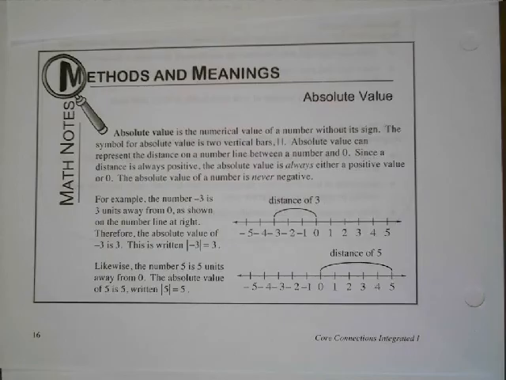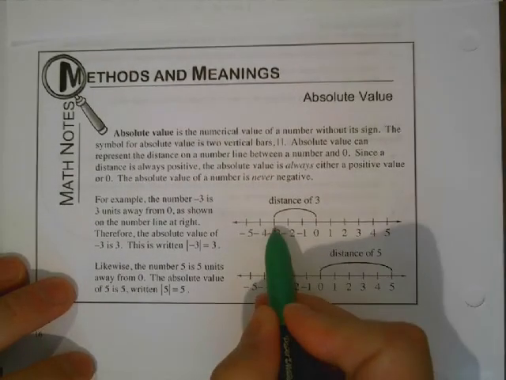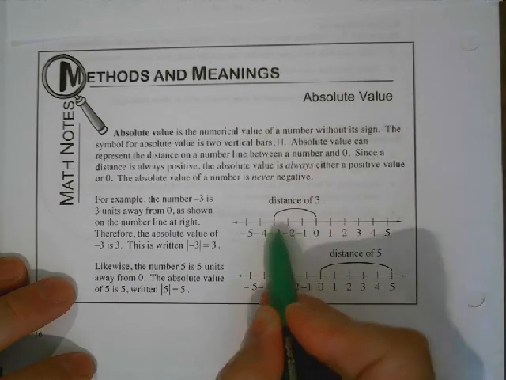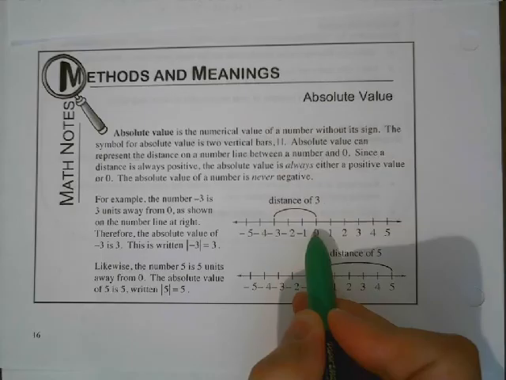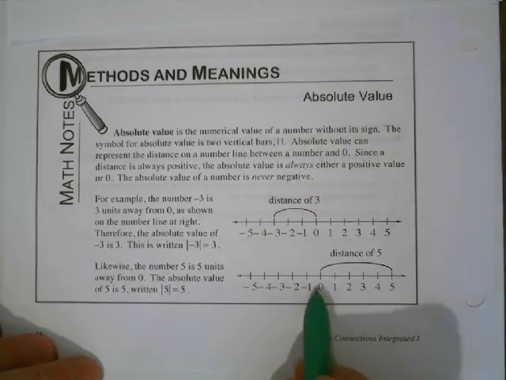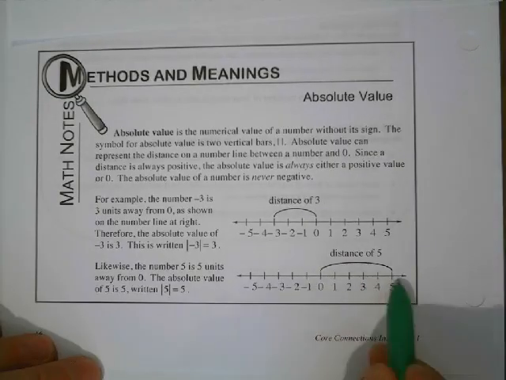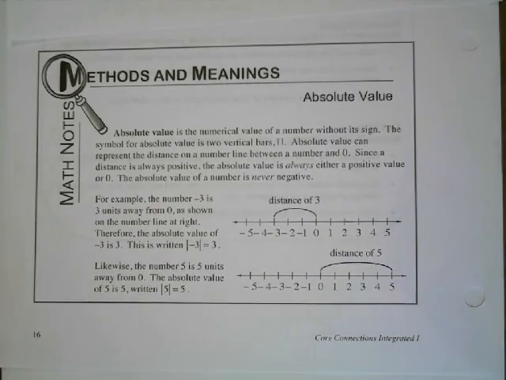So distance is always calculated as a positive number. So -3 is still 3 units from 0. We don't care that it's -3, it's just 3 units away. +5 is 5 units from 0. So absolute value is just looking for the distance from 0. So it's always going to be positive.